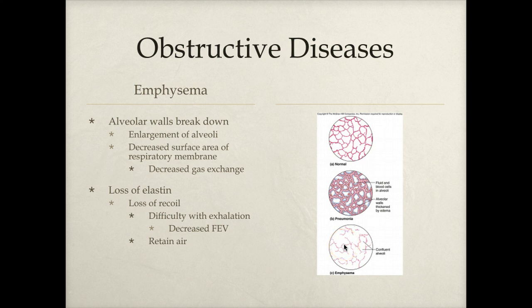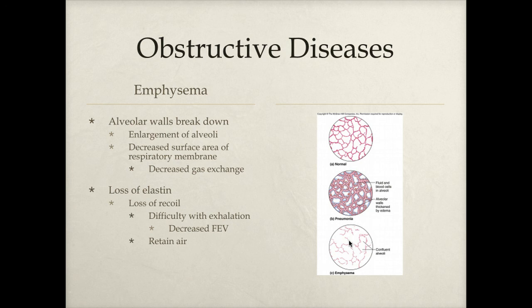So it's almost like one alveolus or air sac may join another one, and you have a much bigger area. And there's much less respiratory membrane available for gas exchange. So we get a decreased gas exchange with that lack of respiratory membrane.